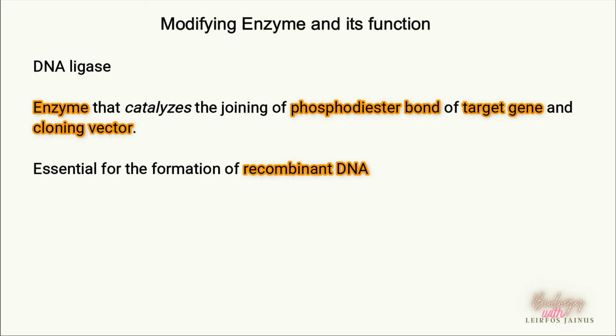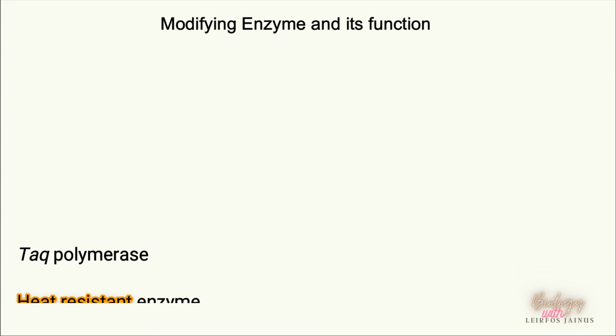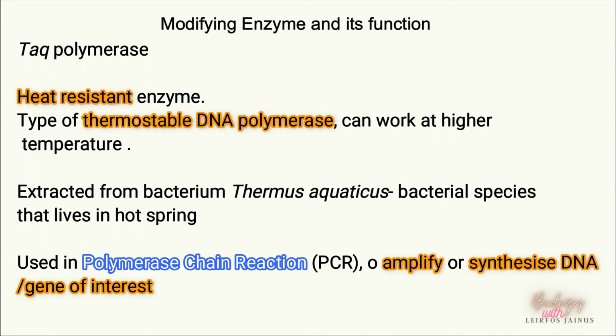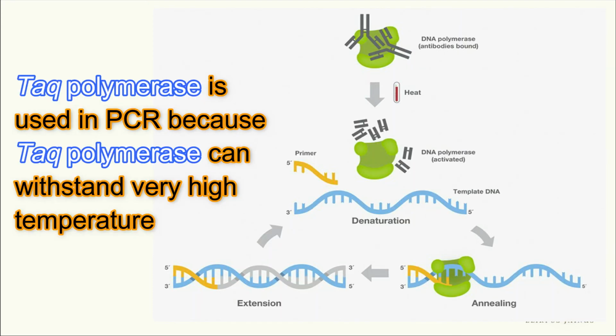Next, we will learn about another type of modifying enzyme, that is Taq polymerase. Taq polymerase is a heat-resistant enzyme or a thermostable DNA polymerase that is useful in polymerase chain reaction to amplify the fragment of DNA. This is because the Taq polymerase can withstand a very high temperature.